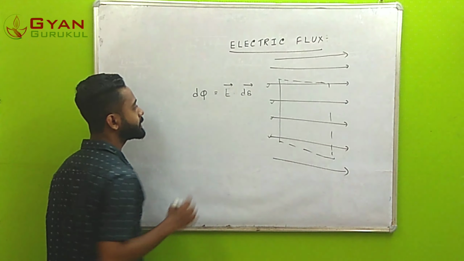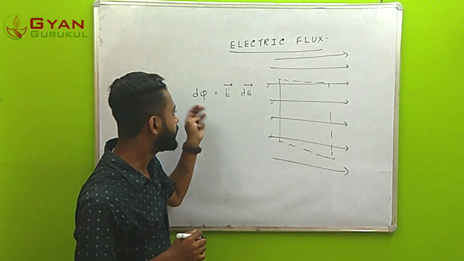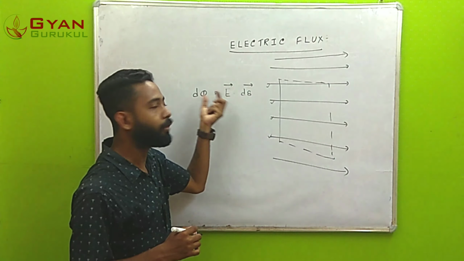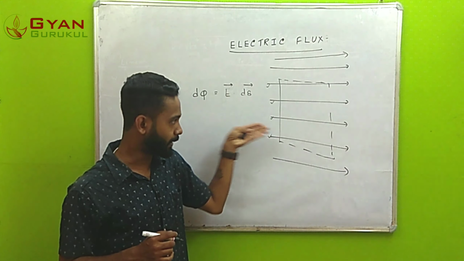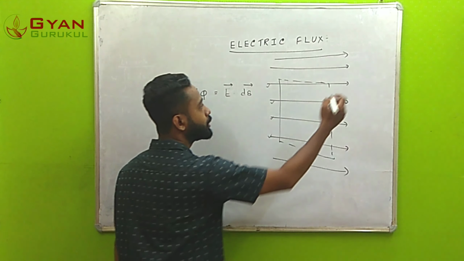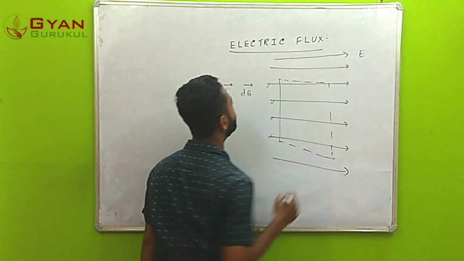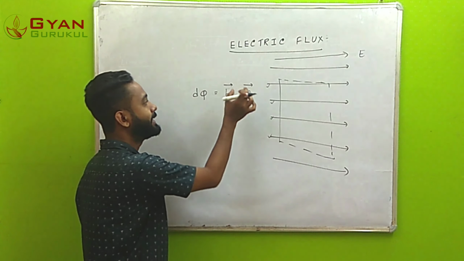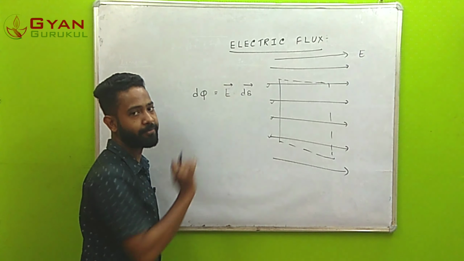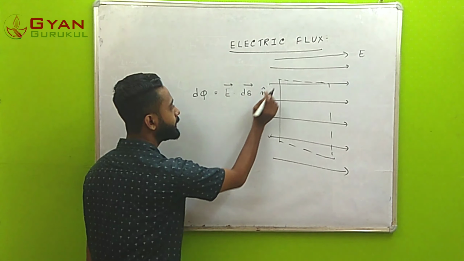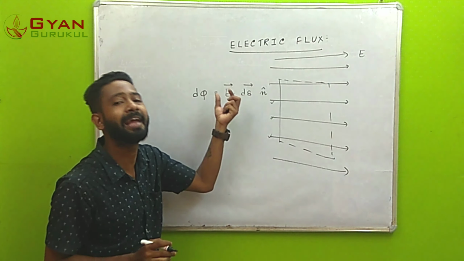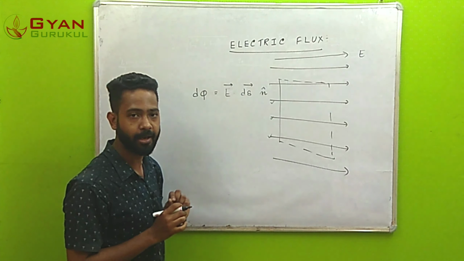Now let me explain what these are. Here the capital E represents the electric field lines that pass through the given surface, and ds is the area vector. With that area vector you can also place an n cap, which is a unit vector that represents the direction of this particular area vector.